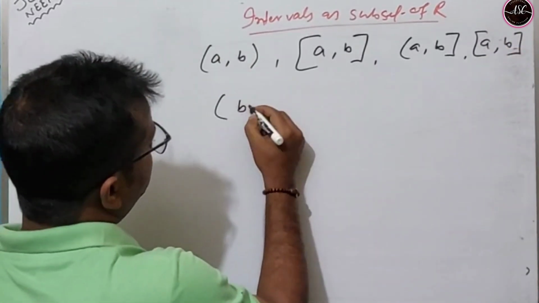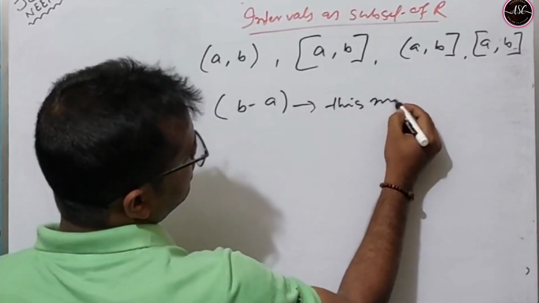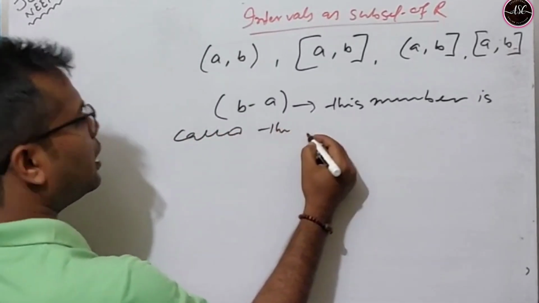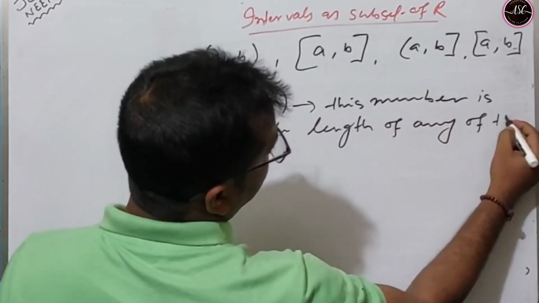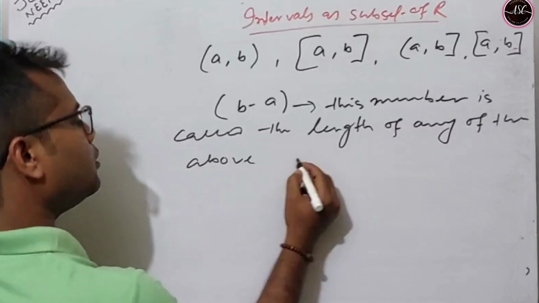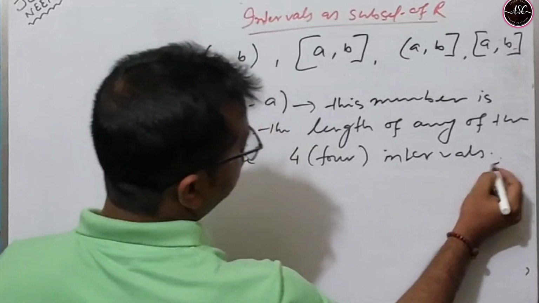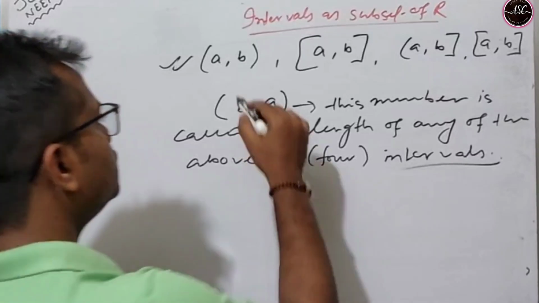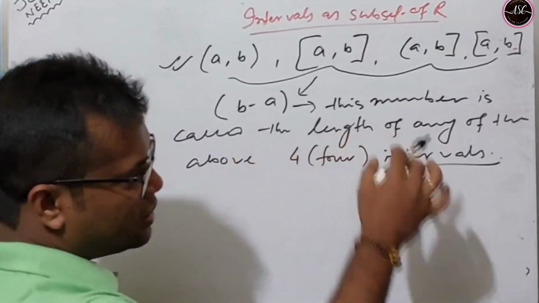Here b minus a is called the length of any of the above four intervals. A short question may come from this. b minus a is the length of any of these intervals.